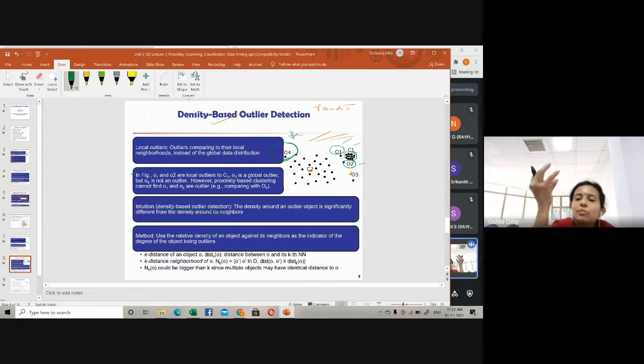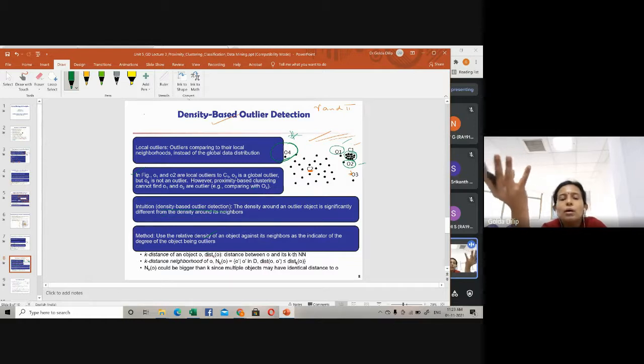The assumption is that the density around a non-outlier object is similar to the density around its neighbors, while the density around an outlier object is significantly different from the density around its neighbors.